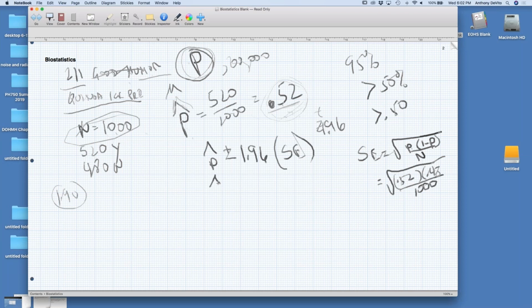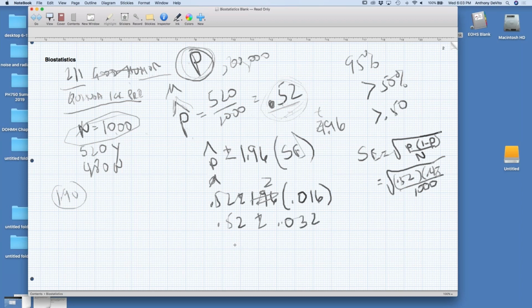Okay, so P cap is 0.52 plus or minus 1.96 times 0.016, I think it was. So I'm going to make believe this is 2, again, to save time. You don't do that. Do what I say, not what I do. 0.52 plus or minus 2 times this would be 0.032, right?